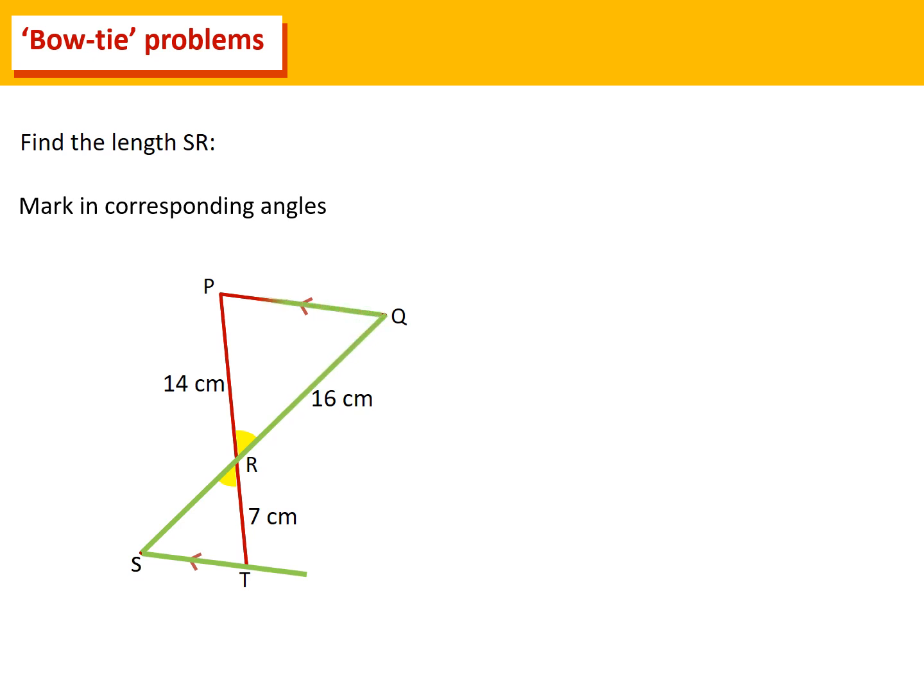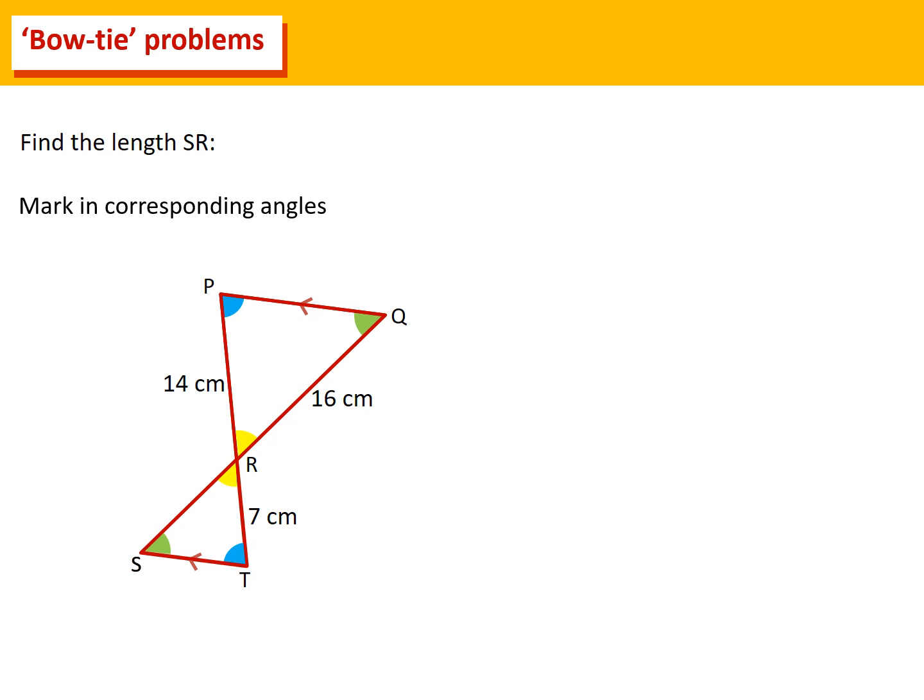Then we have alternate angles, because we have parallel lines there. Those two angles that I've marked in green, they're alternate angles, so they're equal to each other. And similarly, the two angles I'm marking in there, they're also alternate angles, so they are equal to each other.